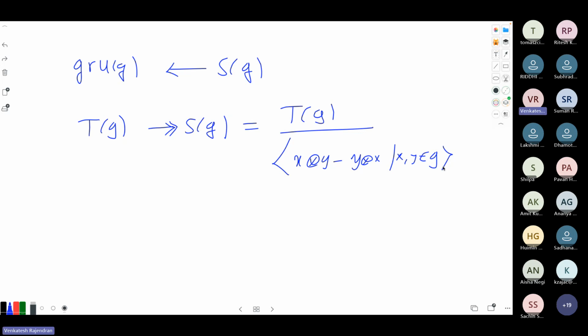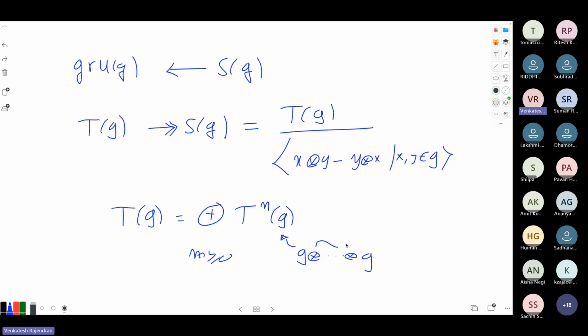That follows from the following observation. T of G is nothing but the direct sum of g tensor m, m greater than or equal to 0. Recall this is just the m-fold tensor product.